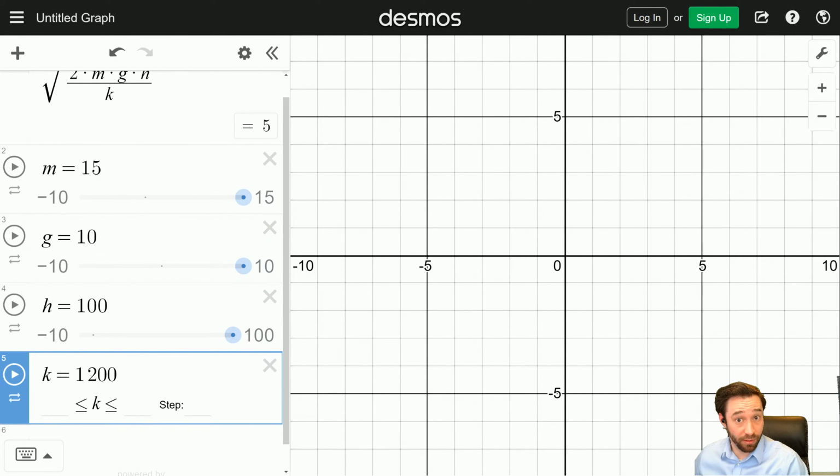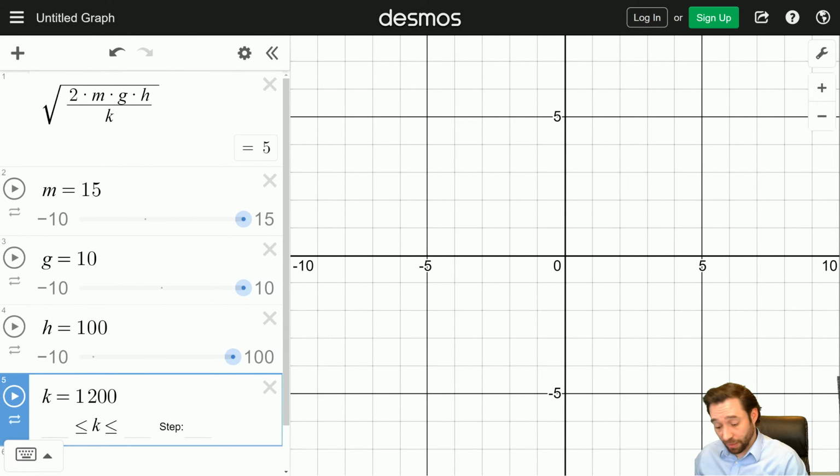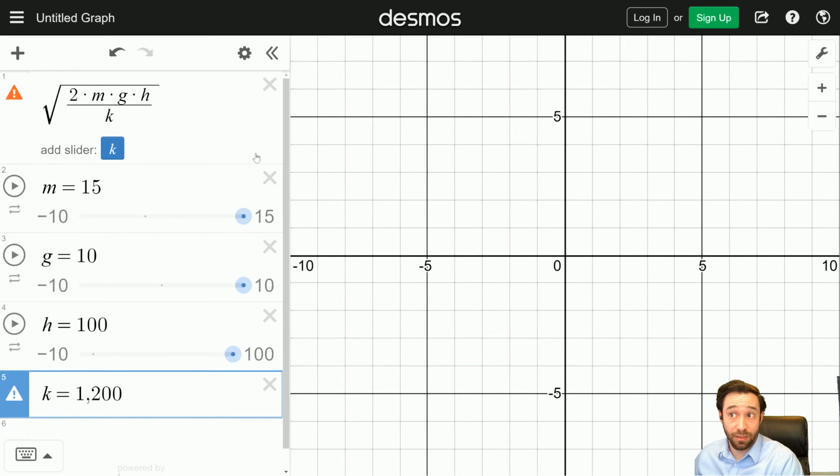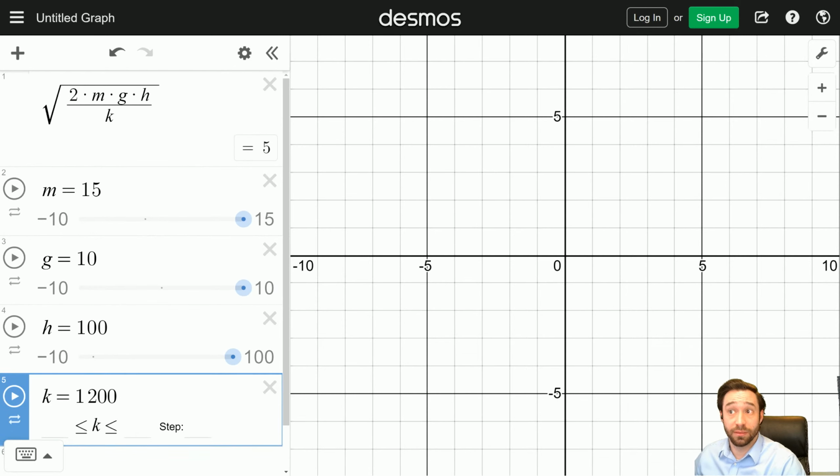There's no comma in there. If I put a comma and you don't get an answer, notice how there's nothing here. So that's something to keep in mind. If you're plugging this stuff into Desmos and you're not getting an answer, it's most likely because you put a comma in there. So if I delete the comma, I now get an answer of 5. Cool.